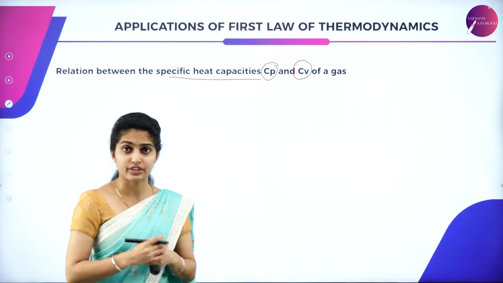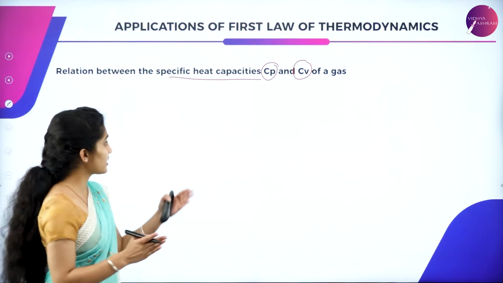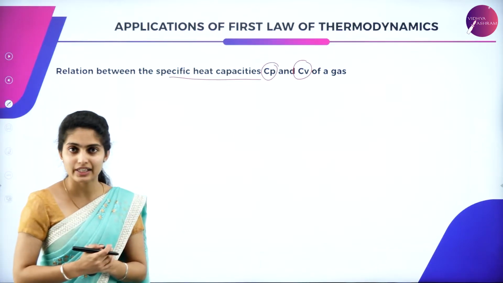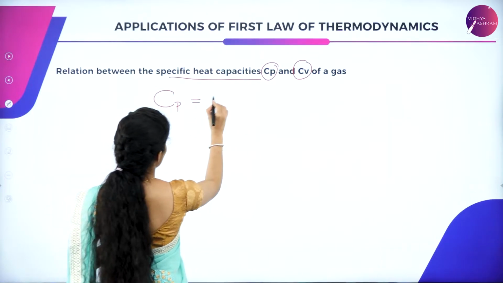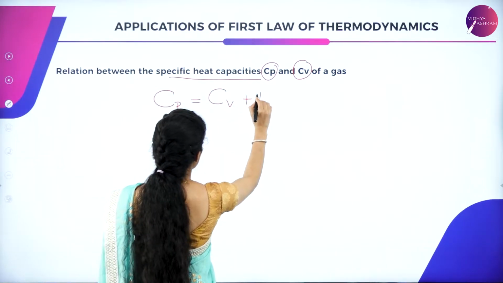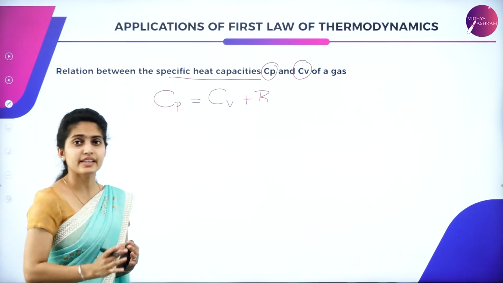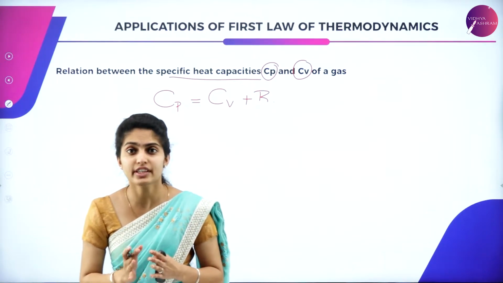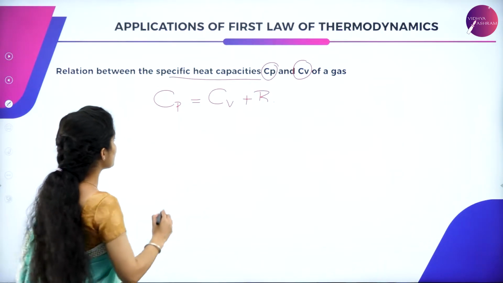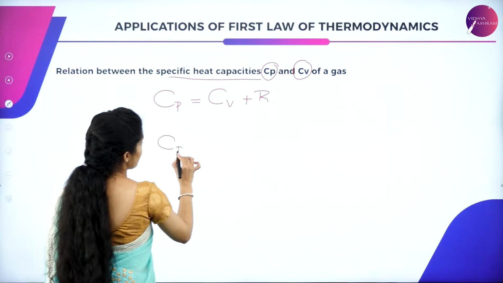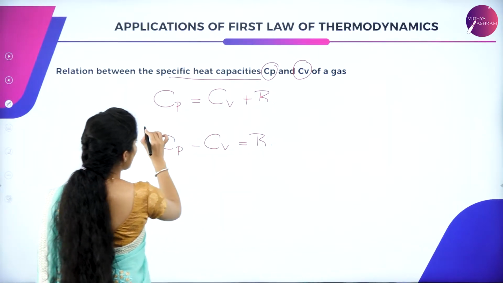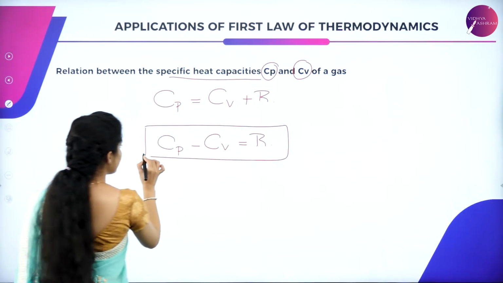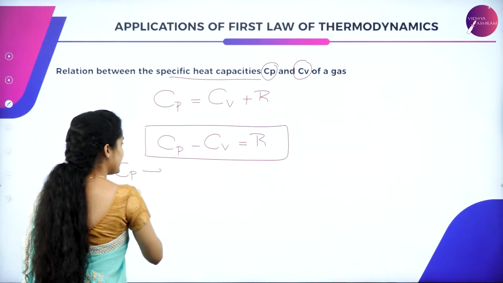Having those cases, if you look into the relation, you will get Cp is equal to Cv plus R, which can also be written as Cp minus Cv is equal to R.